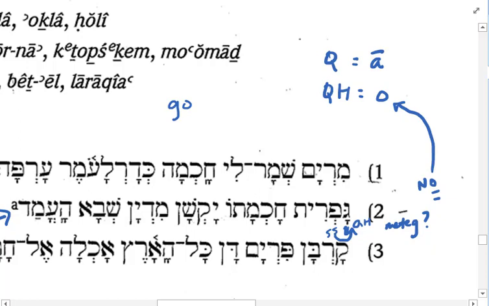The pei that I see here is a begadkefat letter, but there's no dot, so it's plus line, right? Then I've got the resh, which is an R, the hirik yod, which is the I and the party hat, and then the tav, which is a begadkefat letter. Minus dot means plus line. So gofrit, right?